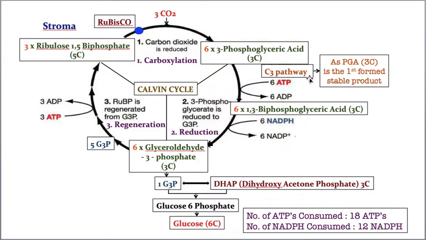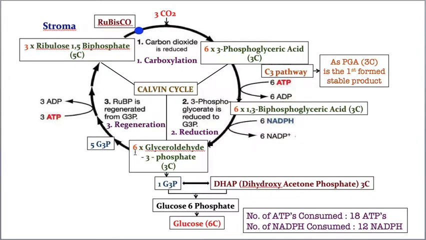Now step 2, reduction. Each phosphoglyceric acid molecule utilizes 1 ATP. How many are formed? 6. By utilizing 6 ATPs, the 6 PGAs convert into 6 1,3 biphosphoglyceric acids. Now all 6 of these 1,3 biphosphoglyceric acid molecules utilize 6 NADPHs, and then convert into 6 glyceraldehyde 3 phosphates. Each glyceraldehyde 3 phosphate consists of 3 carbons.